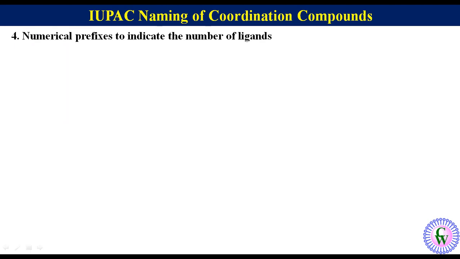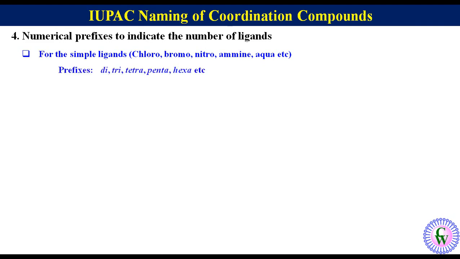Point number 4, numerical prefixes to indicate the number of ligands. In the case of simple ligands like chloro, bromo, nitro, ammine, aqua, etc., prefixes di, tri, tetra, penta, hexa, etc. are used to indicate their numbers.